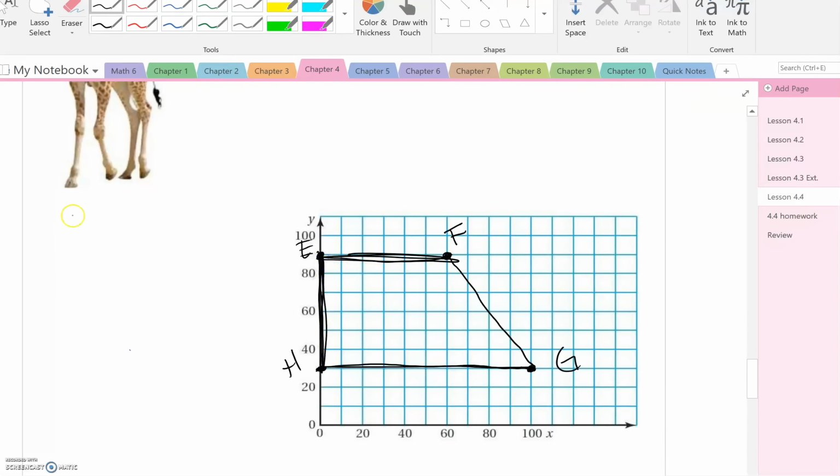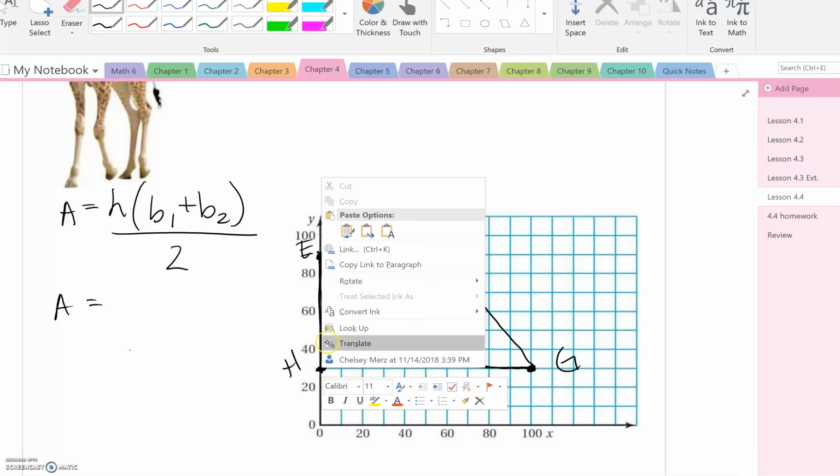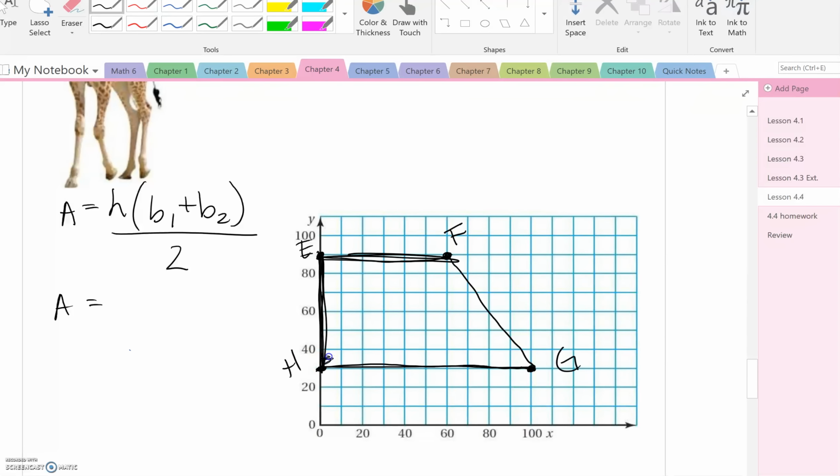Okay, so I'm going to write down my area formula. So I have my height, my base 1 plus base 2, and then divided by 2. So area equals my height. So they're counting by 10. So this is 10, 20, 30, 40, 50, 60.